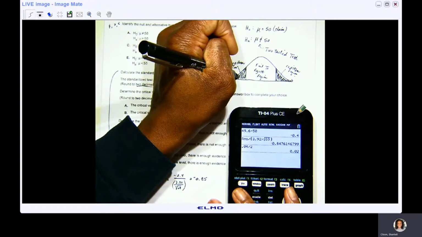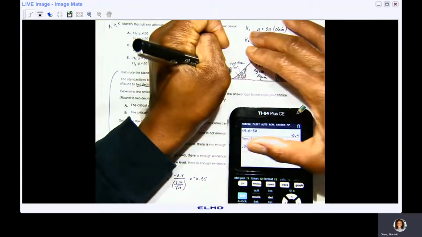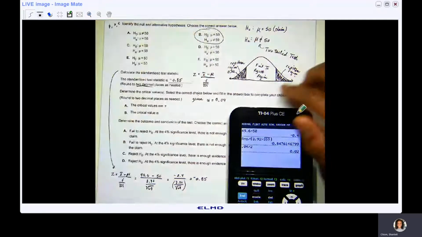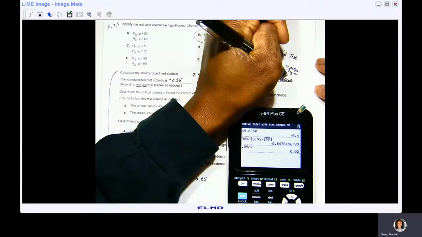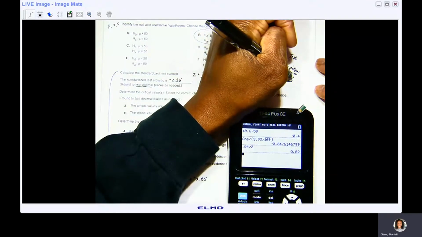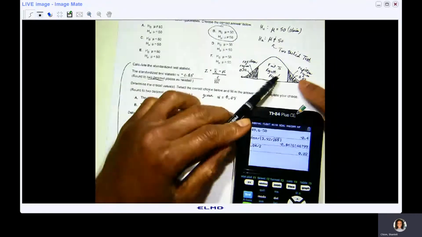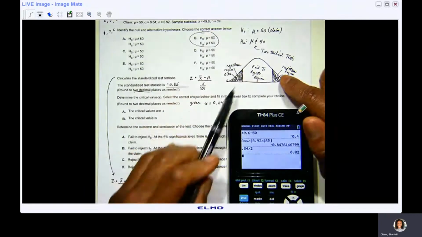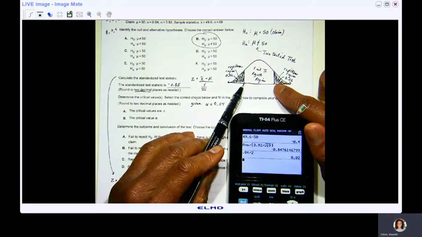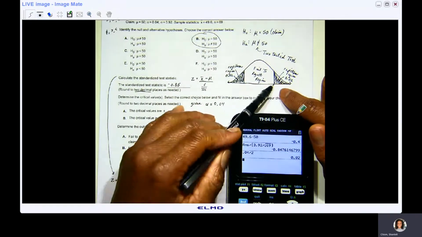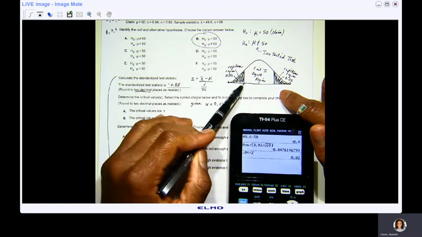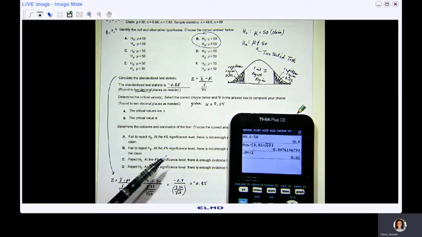This region here is 0.02, because it's half of 0.04, and this region is 0.02. So the area in these shaded regions is really small, only 0.02. So what we're going to determine is what are the standardized scores that correspond to that area.